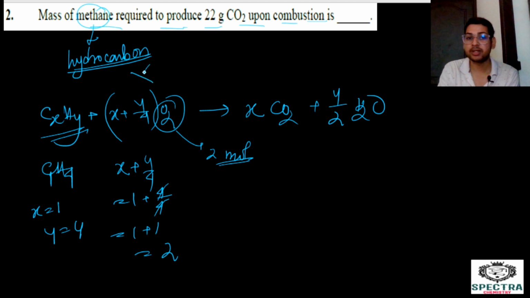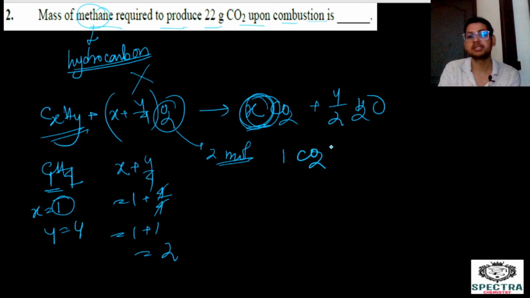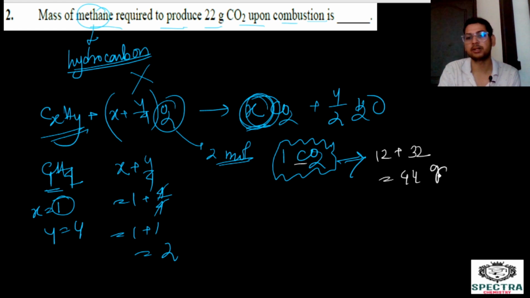But this is not required here. What you require is the x value. If it is C1H4, x is equal to 1, so you will get 1 mole of CO2. The molecular mass of CO2: carbon is 12 plus oxygen is 32, so 44 gram.